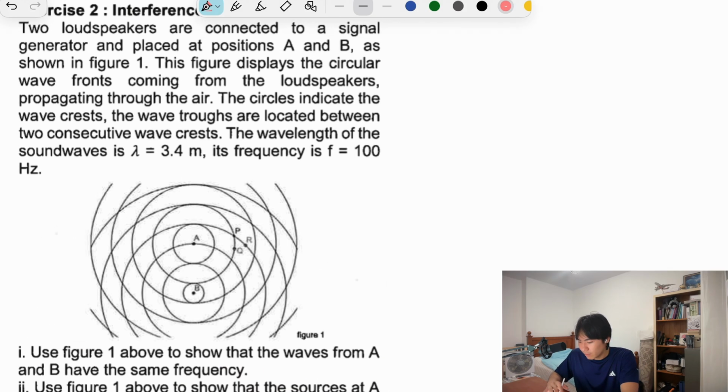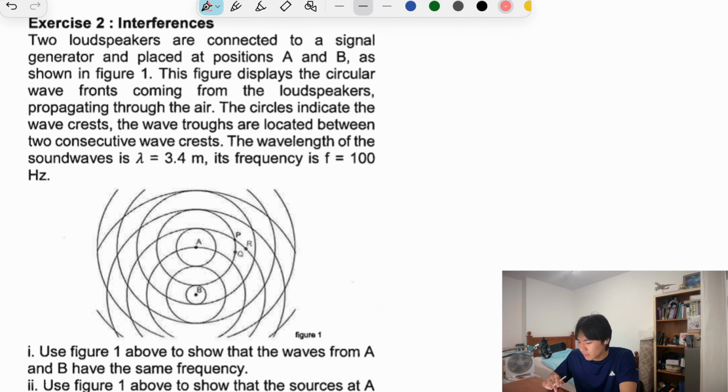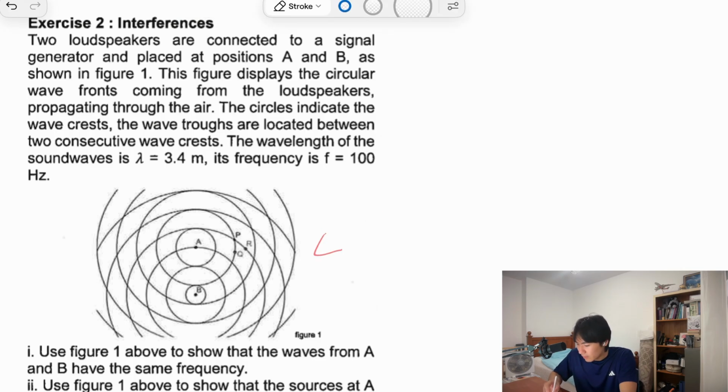If you read the question, two loudspeakers are connected to a signal generator and placed at positions A and B. As shown in figure 1, this figure displays the circular wave fronts coming from the loudspeakers, propagating through air. The circles indicate the wave crests. As I said, crest is the high points. The wave troughs are located between two consecutive wave crests. The wavelength of the sound is 3.4 meters and the frequency is 100 hertz.